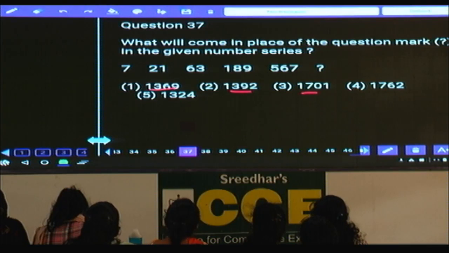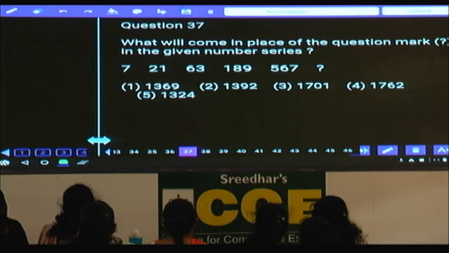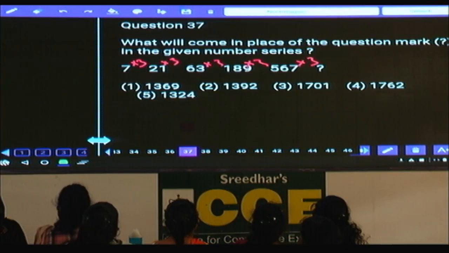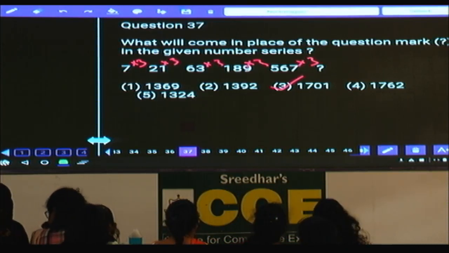Into 3. 7 into 3, 21. 21 into 3 is 63. Into 3, into 3. Last digit must be 1. Among the given choices, only choice 3 is having 1.